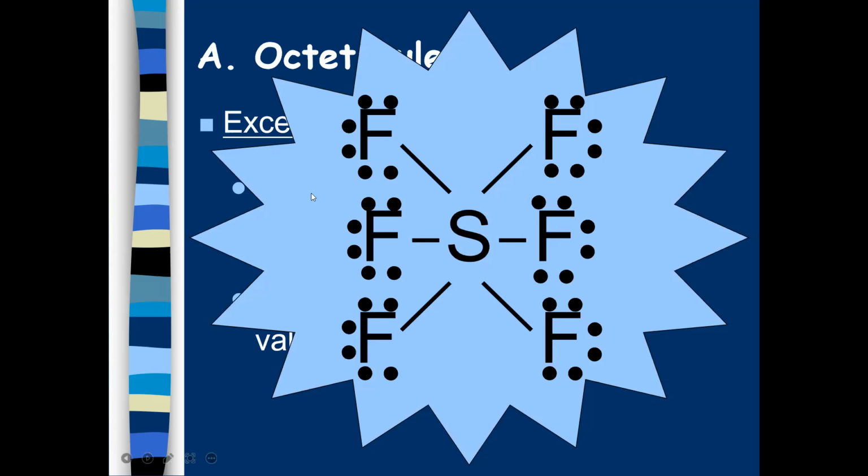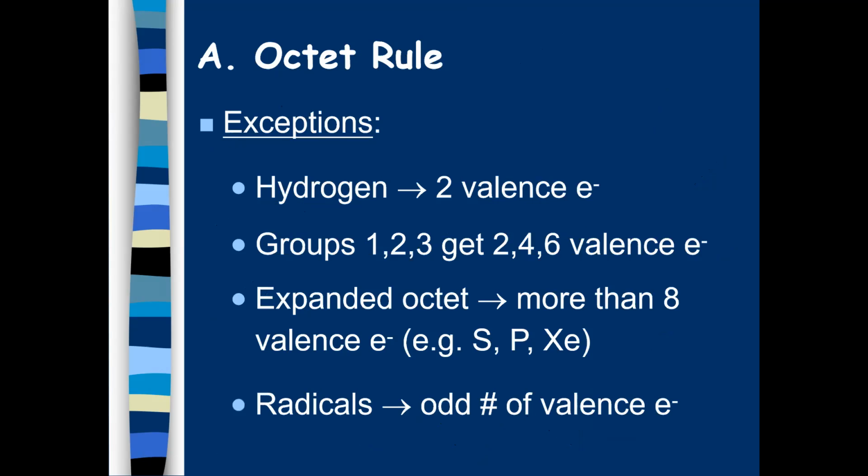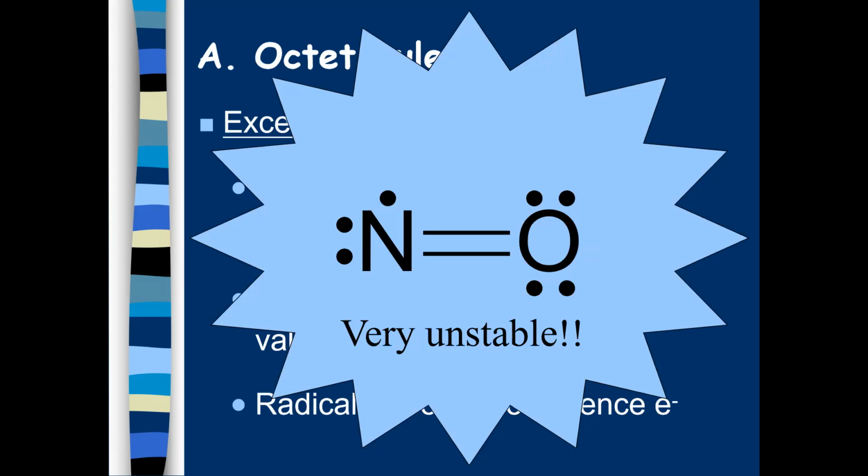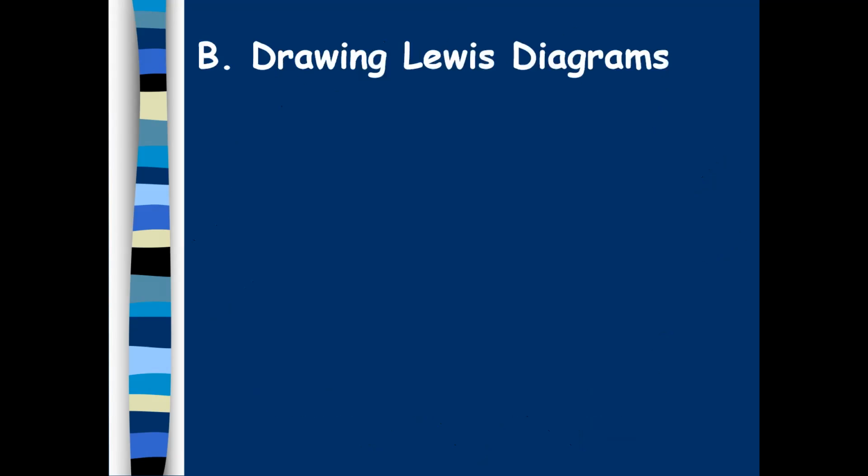That's an expanded octet. And then you can have radicals when you have odd number of electrons and they're incredibly unstable because nobody wants to have a lone electron around them. They're going to be looking for a pair. That's one of the things that you'll notice. They come in twos.